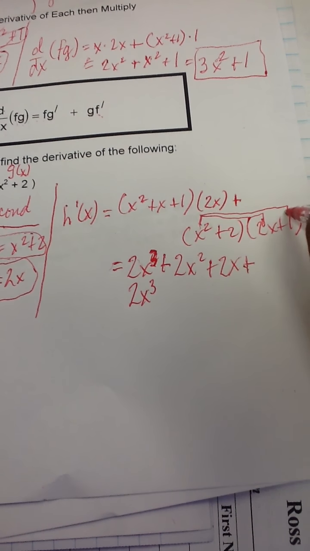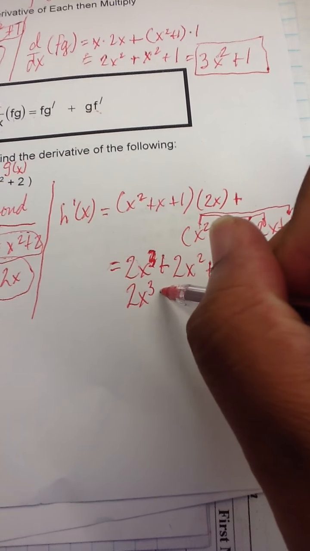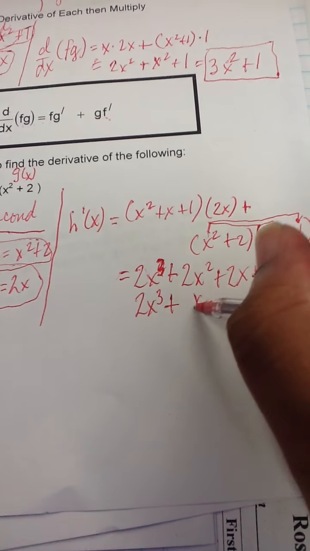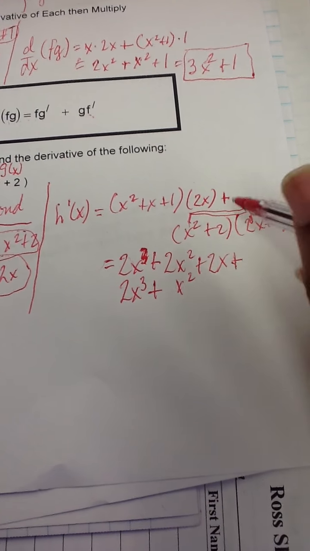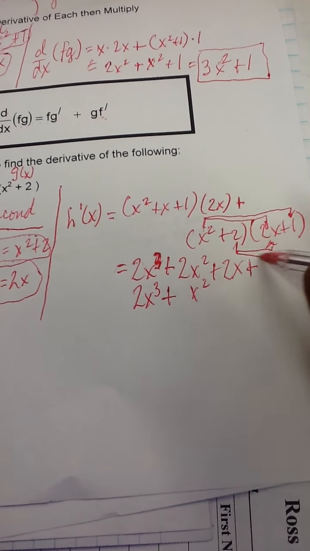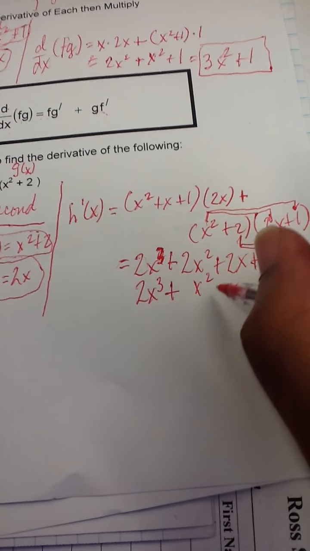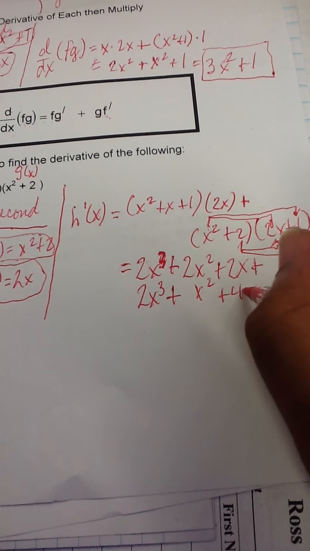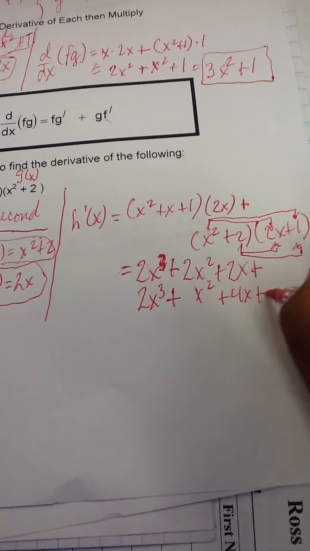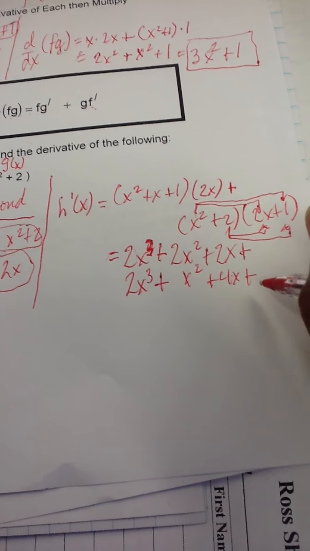Now the x squared to the 1. That's going to be 1x squared. So let me put that under the x squared term. Now I'm going to do the 2 to everything in that parentheses. 2 times 2x, that's 4x. Plus 2 times 1 is 2.